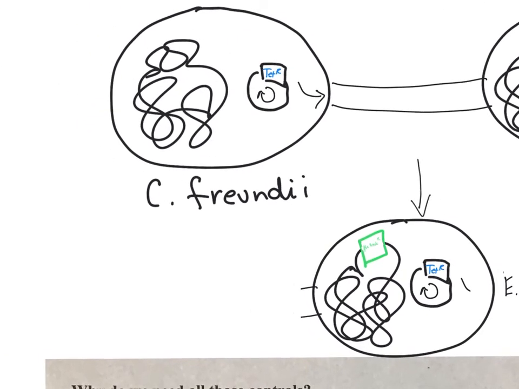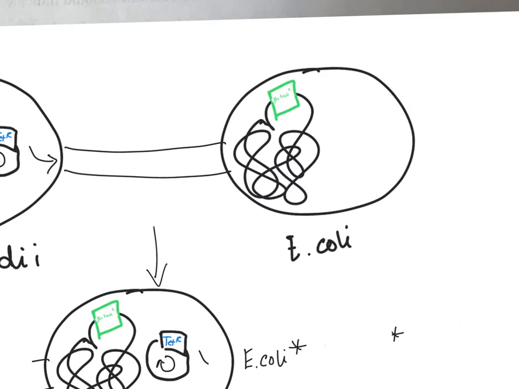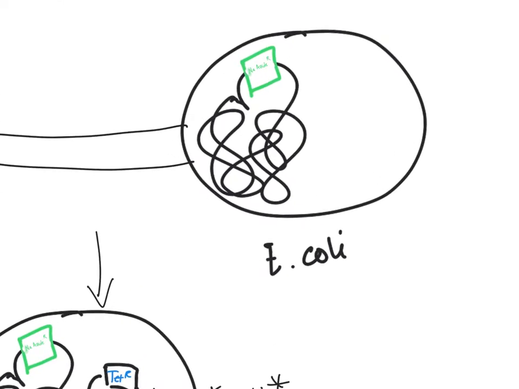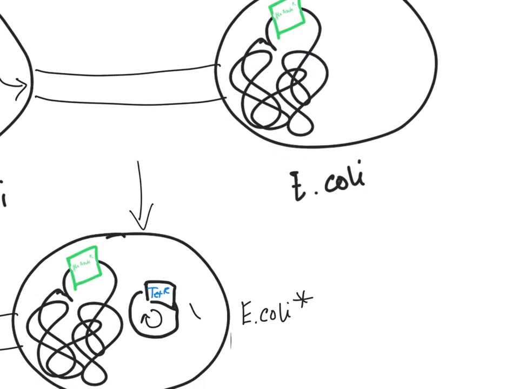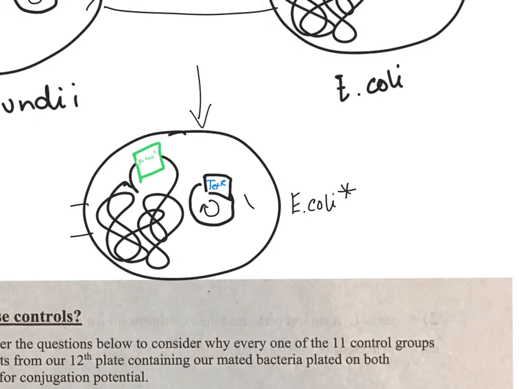So the addition of sodium azide is going to kill off the Citrobacter frundi, and the addition of tetracycline will kill off the initial E. coli parental strain, such that only the E. coli that underwent conjugation is going to survive in the presence of both sodium azide and tetracycline. So that's how we're going to select for the transconjugates.